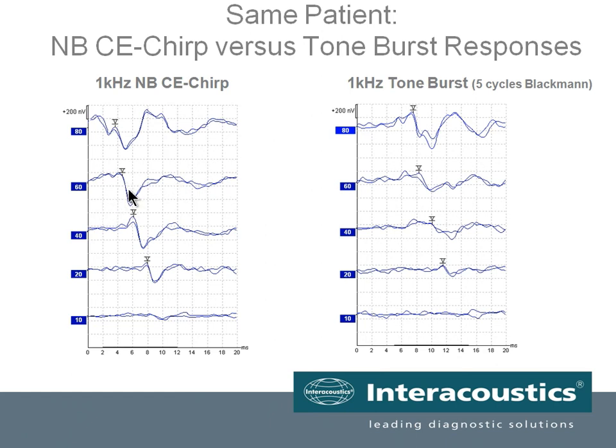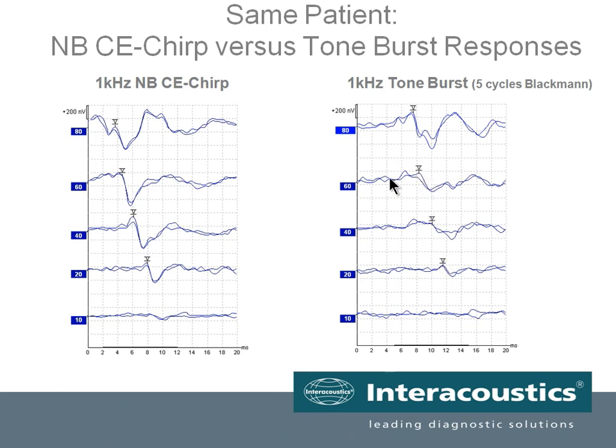Much better pronounced response, amplitude and morphology on this side. The same is true for 40 dB compared to here, and 20 dB compared to here. So the rather difficult task of doing frequency-specific ABR is made a lot easier with these types of waveforms compared to the traditional tone burst waveforms.